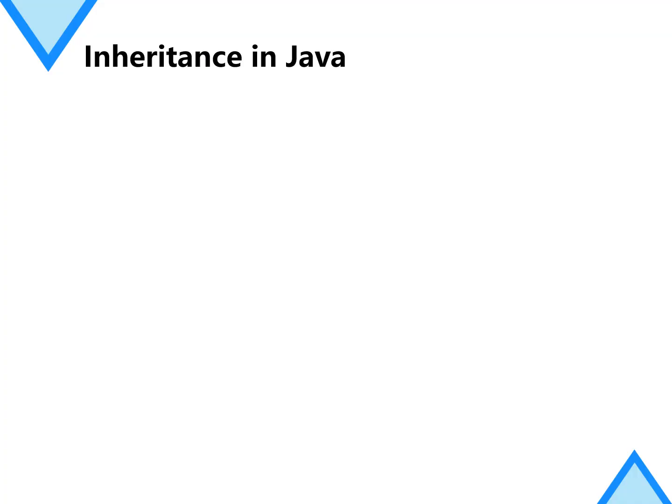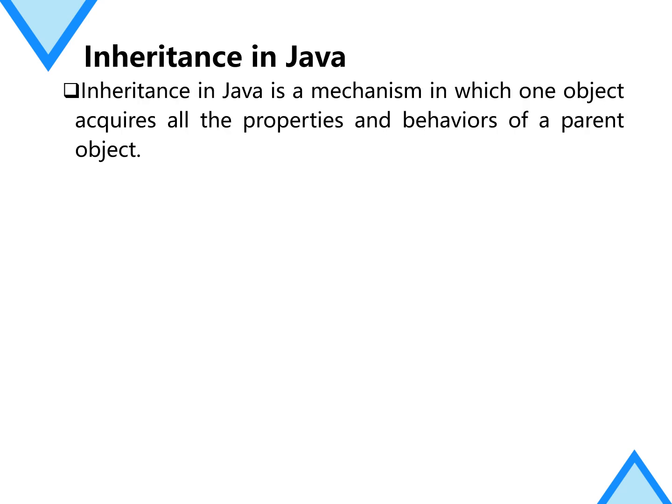Today we are going to discuss inheritance in Java. So now what is inheritance? Inheritance is a mechanism in which one object acquires all the properties and behavior of a parent class. In inheritance we are discussing concepts like parent class, main class, or subclass or child class.